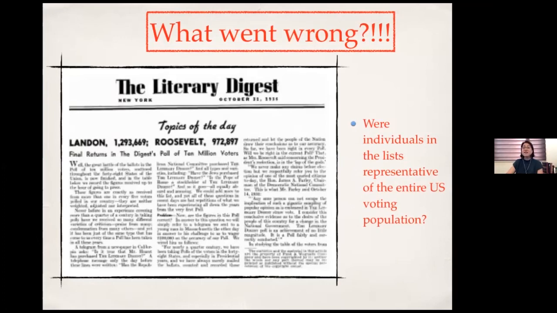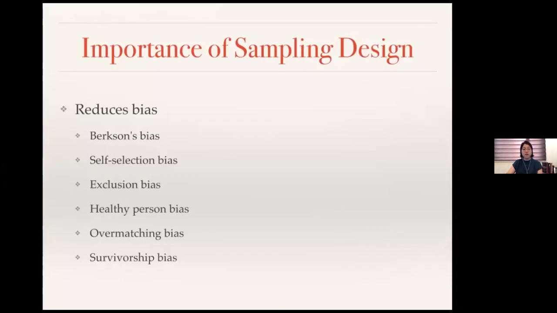But in the end, they still went out to vote. As it turned out, Roosevelt won. So that is a very good example of a wrong sampling design.